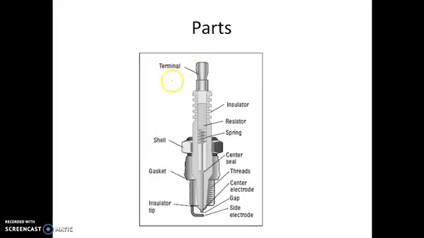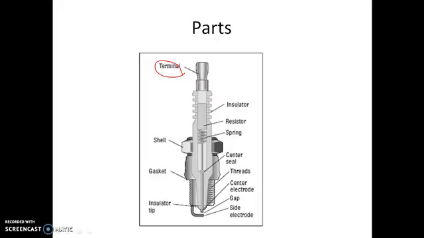We will start with this terminal. As you can see here, this is the terminal. It will be the connection base for a spark plug. High voltage from the ignition system or starting system will be taken to the distributor. From the distributor, it will be transferred to the corresponding spark plug. The spark plug receives the high voltage using this terminal, which in turn is connected to a central electrode.